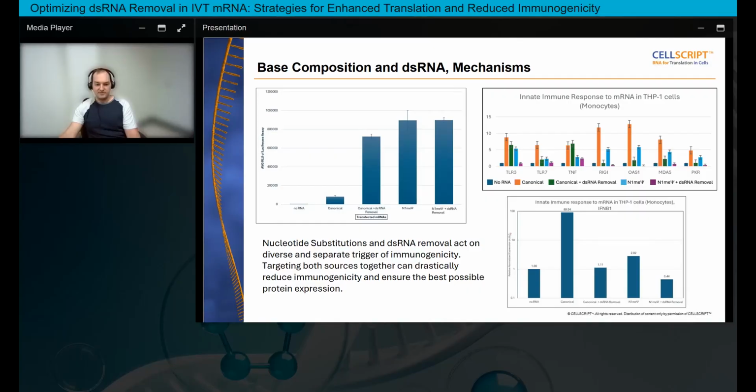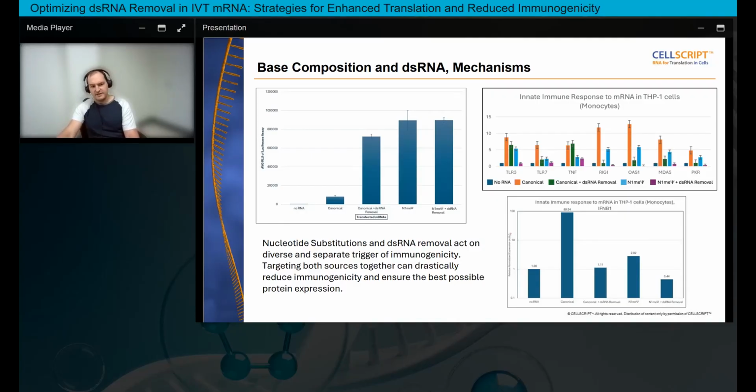But combining both of them together can drastically reduce immunogenicity and also create the best possible outcome for protein expression, targeting pretty much every single aspect of what could go wrong in a cell from an impure mRNA standpoint. So that was a really, really cool result. And seeing as how N1-methyl pseudo-U is a fairly standard approach, tacking something onto it and seeing sizable gains was quite nice.